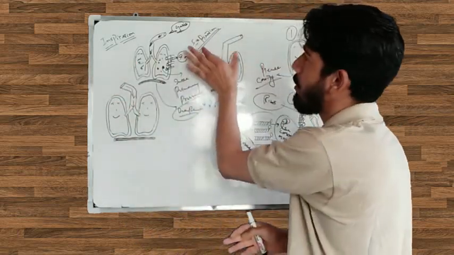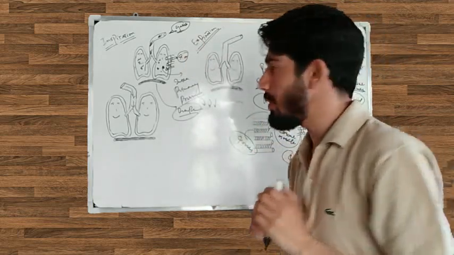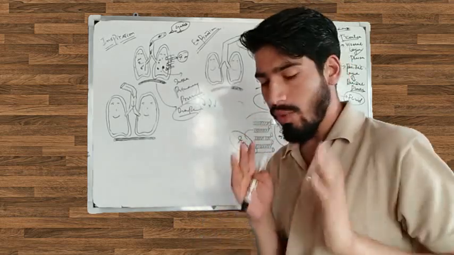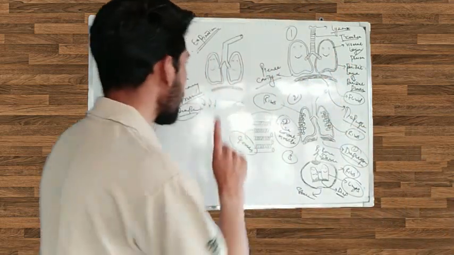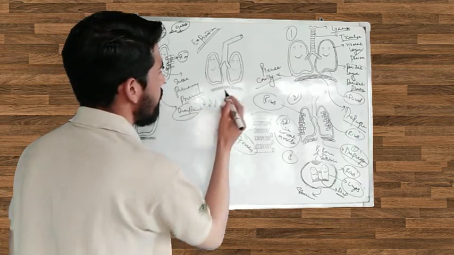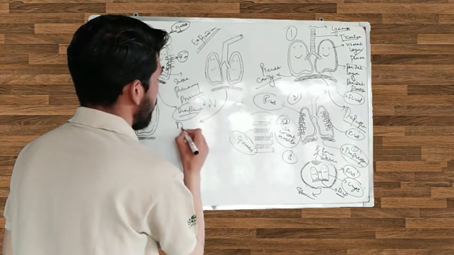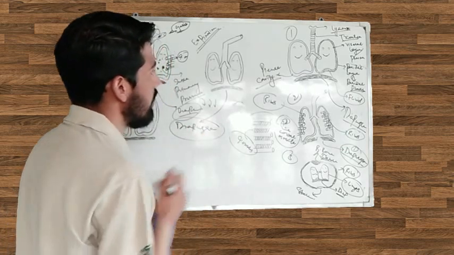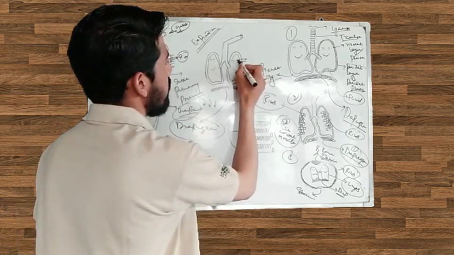Now we talk about expiration. What happens in expiration, and what is the role of these muscles? As I said, this is the diaphragm muscle, and there are also the intercostal muscles.